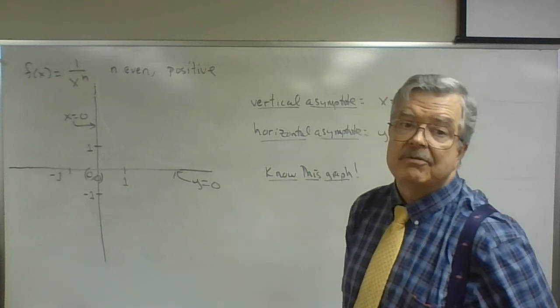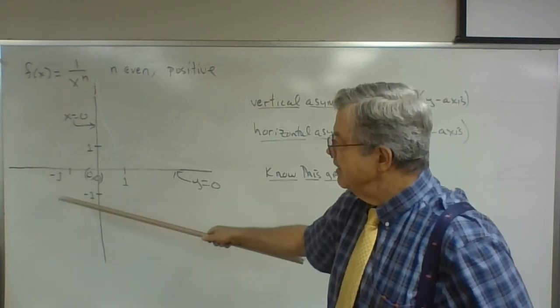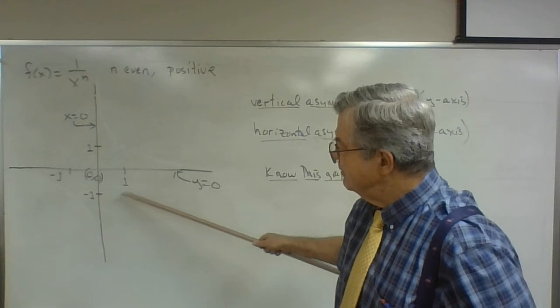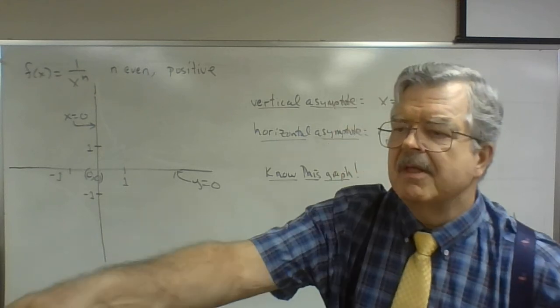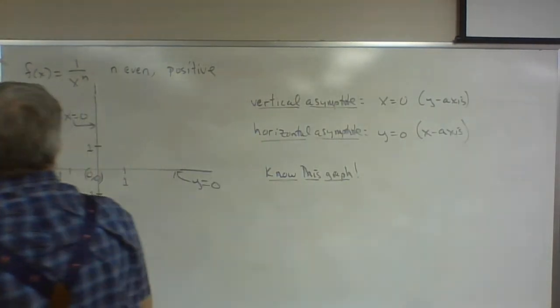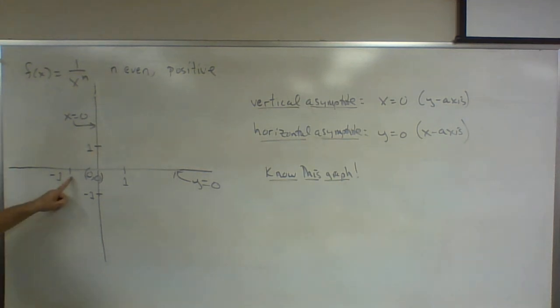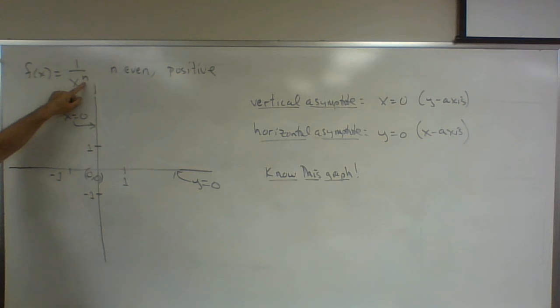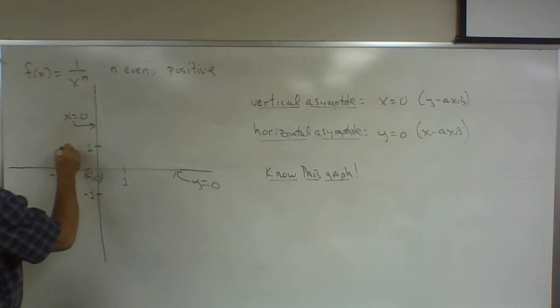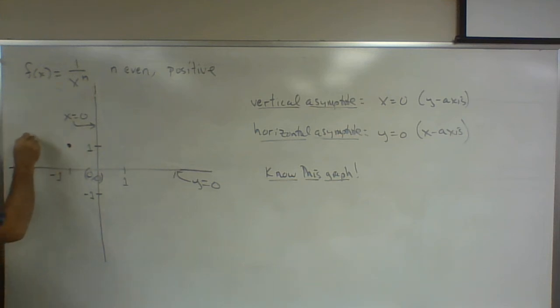Again we look at our old friends: x equal -1, x equals 0, x equal +1. When x is -1, we have -1 to an even power, so that's +1. 1 over +1 is 1. So the point -1, +1 is a point on the graph.